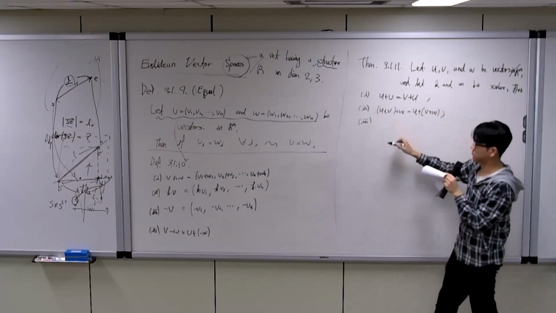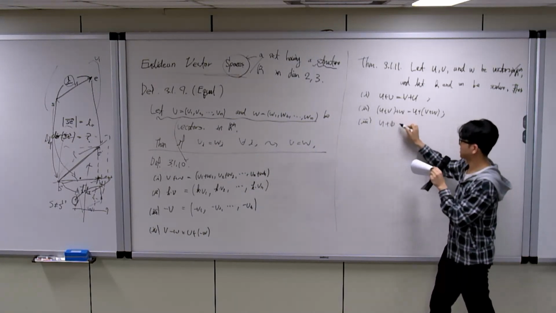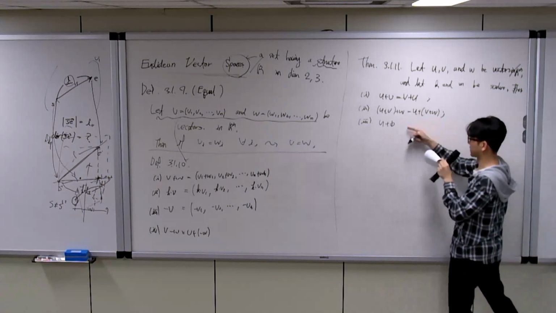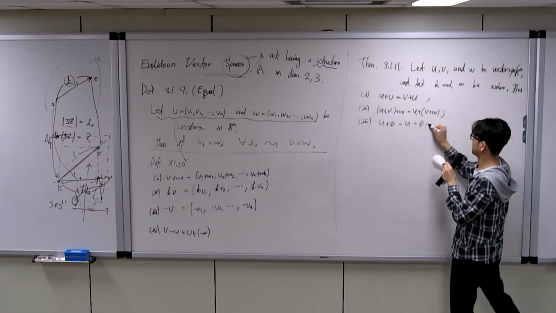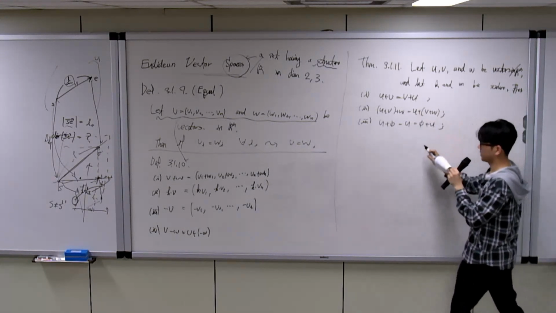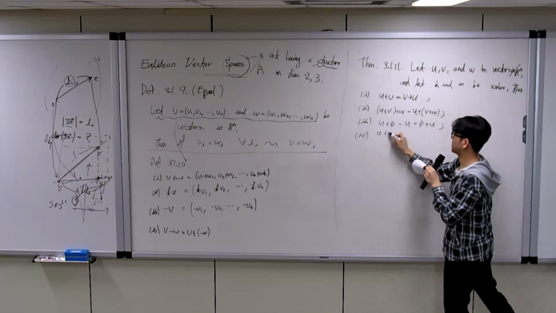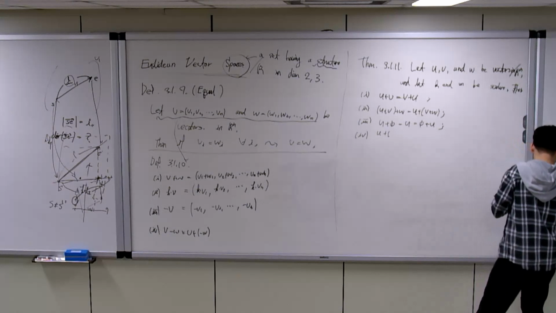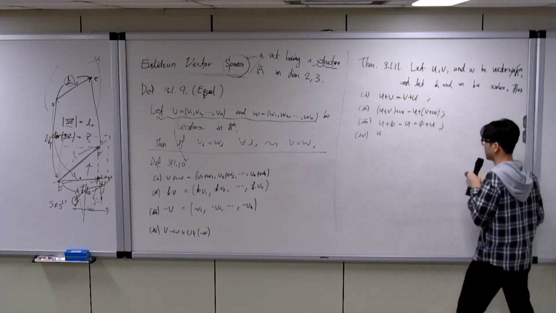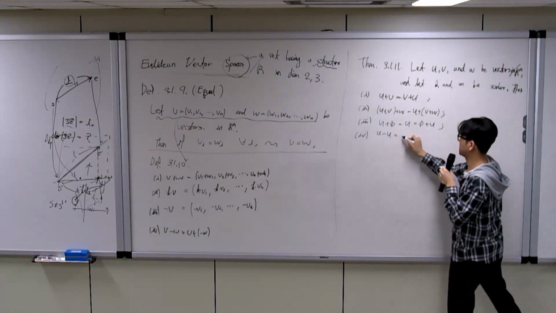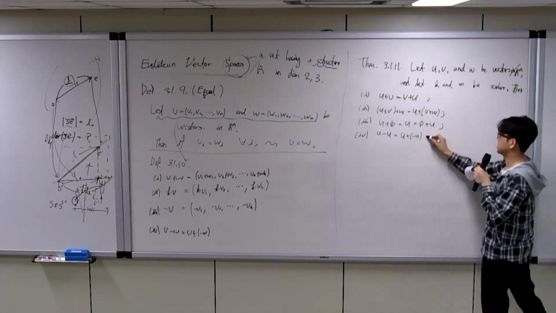And also the zero vector: if you add the zero vector, then it does not change the vector. And also, by the definition, minus u is the same as u plus minus u, and is 0.